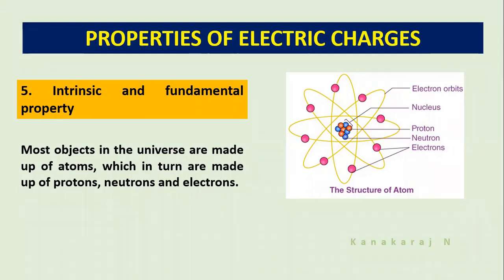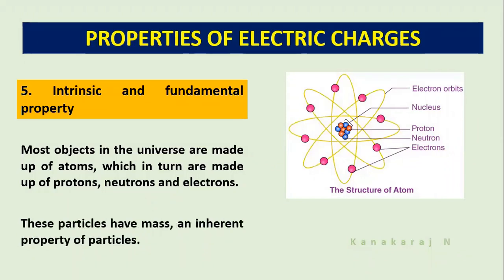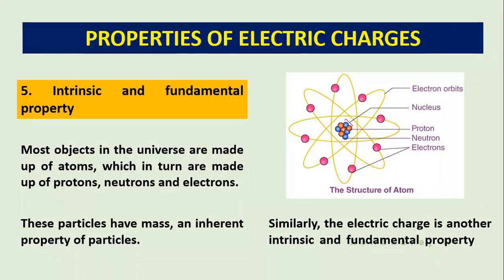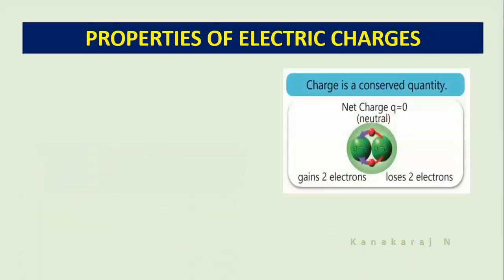They are not separable, just as mass is associated with the gravitational field, and the gravitational field is associated with mass. This is the inherent, intrinsic, and fundamental property of the particle. Particles have mass; similarly, electric charge is another intrinsic property. Let me go to the next one.